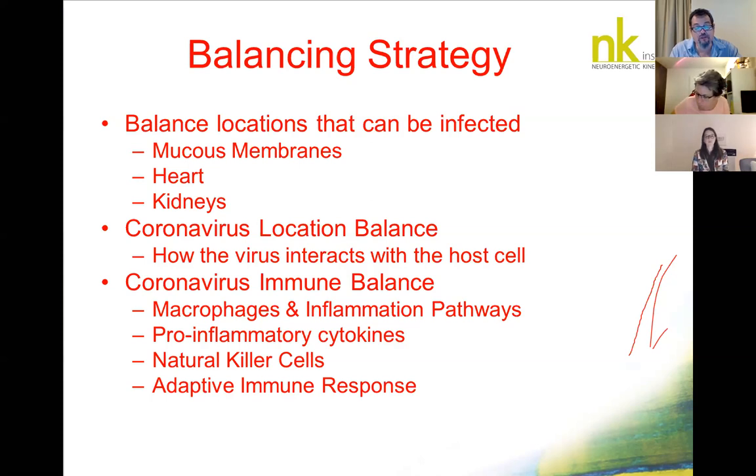Then we can also look at balancing the immune system as well.